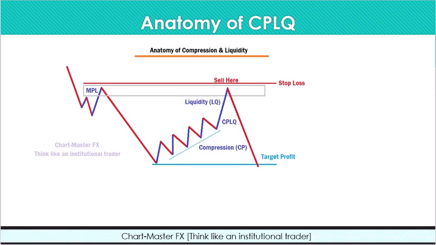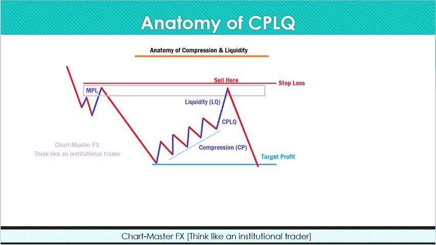So the first thing that you need to do is to identify a supply that is strong. Once you identify a supply that is strong, then you wait for the price to make a compression. Once the compression is over, you see a liquidity pool with a strong momentum going to a decision point. Then at that decision point, that's where you can place your trade.